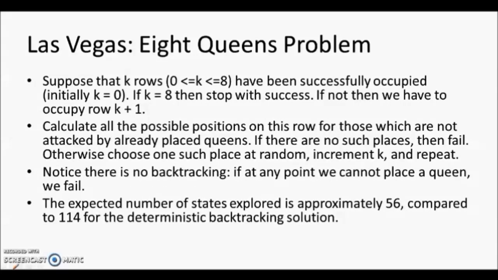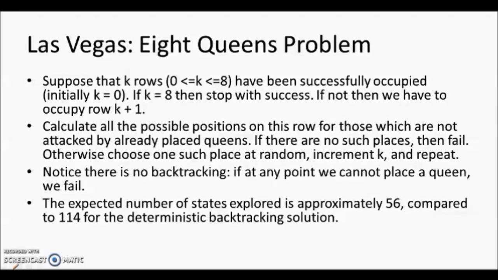Notice there is no backtracking here. If at any point we cannot place a queen, we fail. However, we can repeat the run, and because of the random element, we will get a possibly different arrangement. For this Las Vegas algorithm, the probability of success of this random placement is 0.1293.